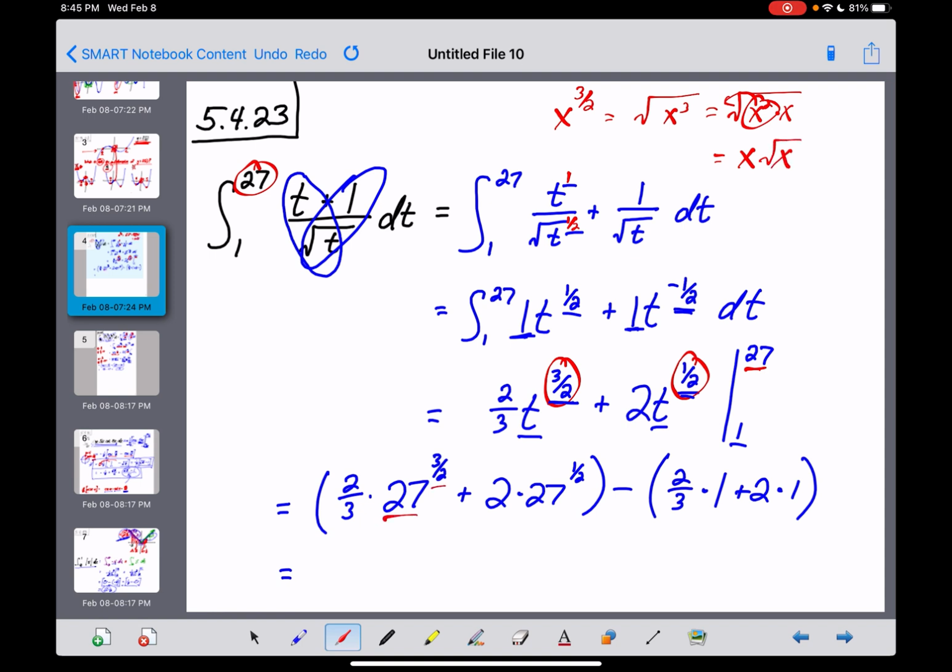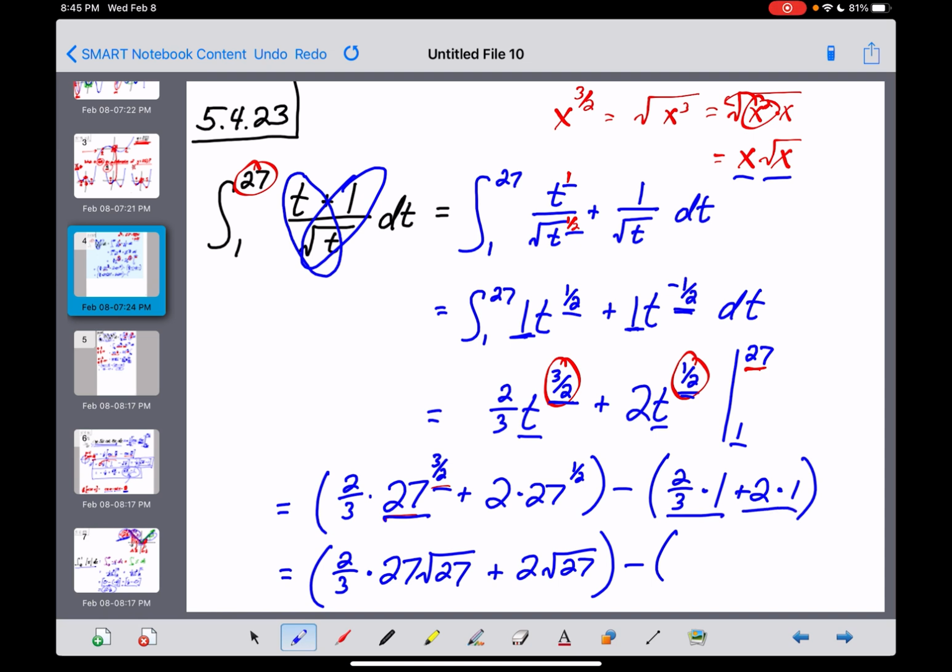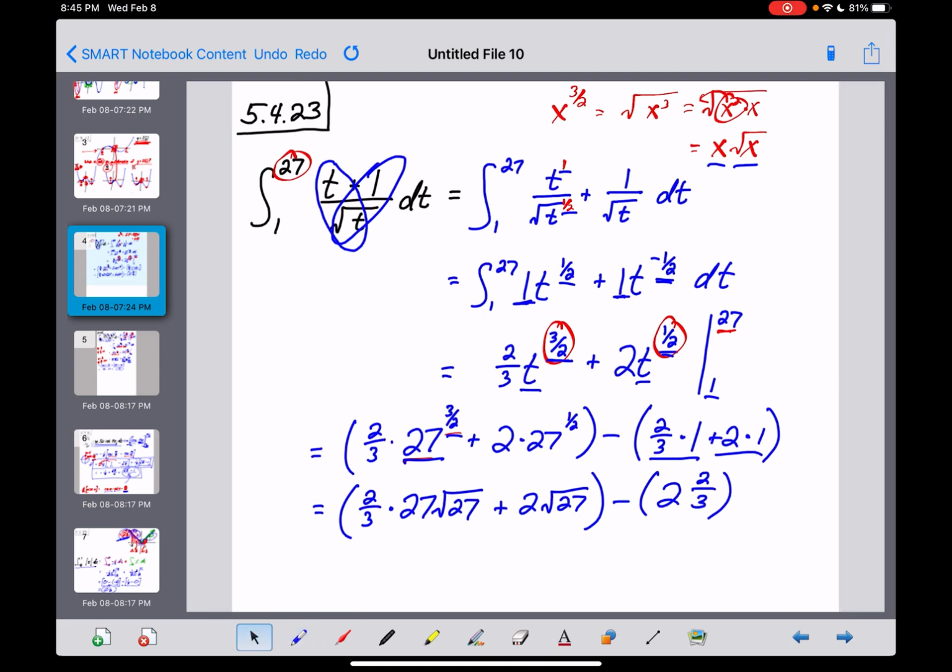Any number to the 3/2 power, the 2/3 is just going along for the ride, is that number times its own square root. X times the square root of x. Okay? And then plus, we've got a 2 times the square root of 27 right there. Minus, all right, that's 2/3 plus 2. So that's going to be 2 and 2/3, and on the next step, I'll probably make that an improper fraction, but I don't want to get ahead of myself.